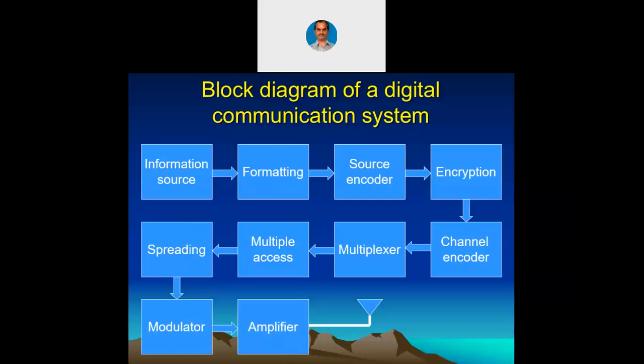Spreading is basically outputting or outpouring the information in a larger bandwidth so that many people can access it. That is spreading. You will study more about spreading in future.